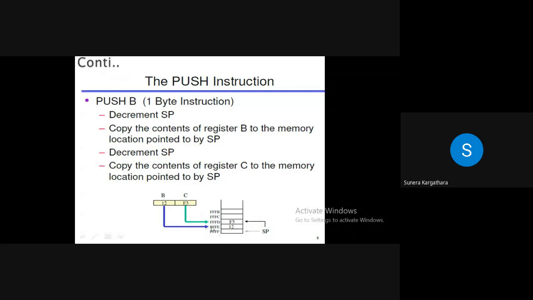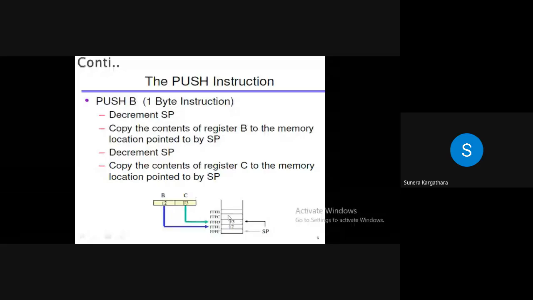First it will decrement, and my higher order register's value will be stored. Again it will decrement, and my lower order register's data will be stored, and the stack pointer will be modified with the new address, FFFD, which is SP minus 2. Are you getting me, student?